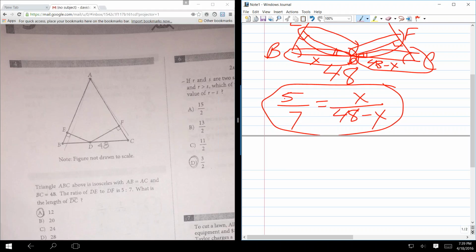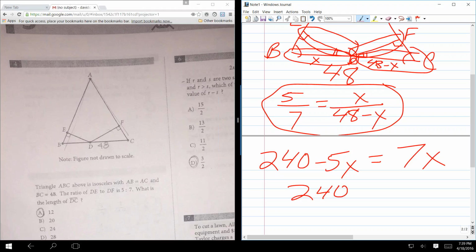Okay, well, if I multiply 5 times that, I get 240 minus 5x. You see that? That's equal to 7x after cross-multiplication. Well, now 240 equals 12x. Well, how about that? They made it a nice round number.